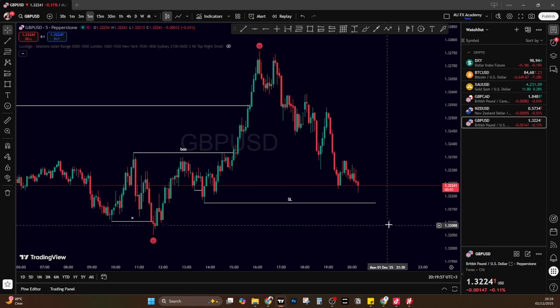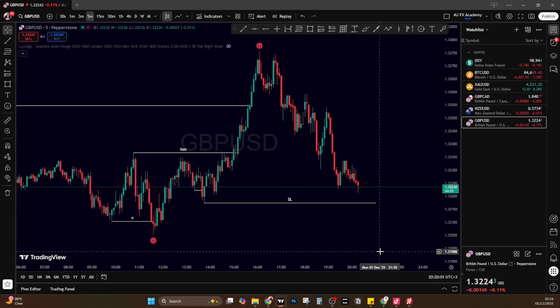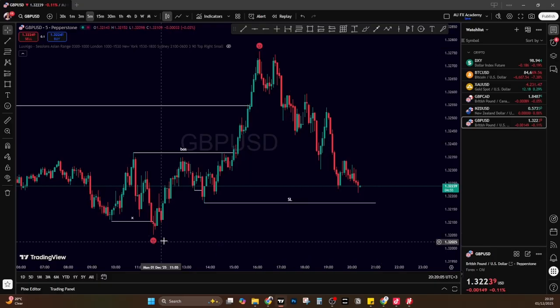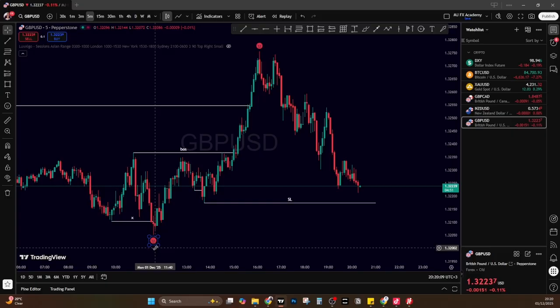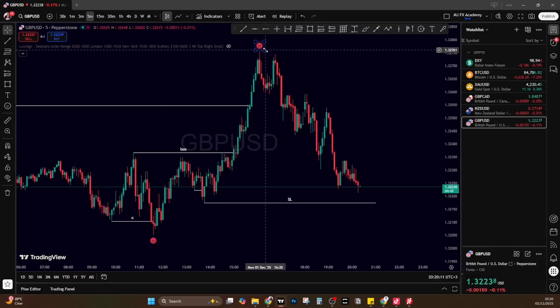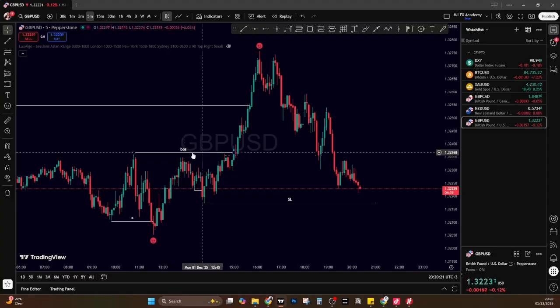After every break of market structure, the market creates a new trading range. So we have a trading range here from this low to this high, this low to this high. But we have seen that we have one strong low here, because this strong low took out the previous high.